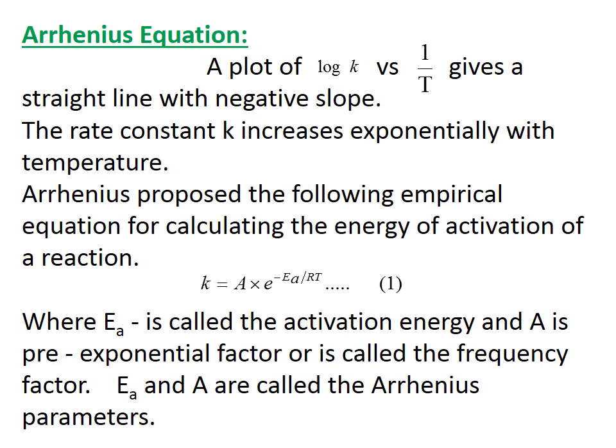So Arrhenius proposed the following empirical equation for calculating the energy of activation of a reaction. The rate constant K will be equal to A into e power of minus Ea by RT, where Ea is called the energy of activation and A is the pre-exponential factor, which is also called the frequency factor, and Ea and A are called Arrhenius parameters.